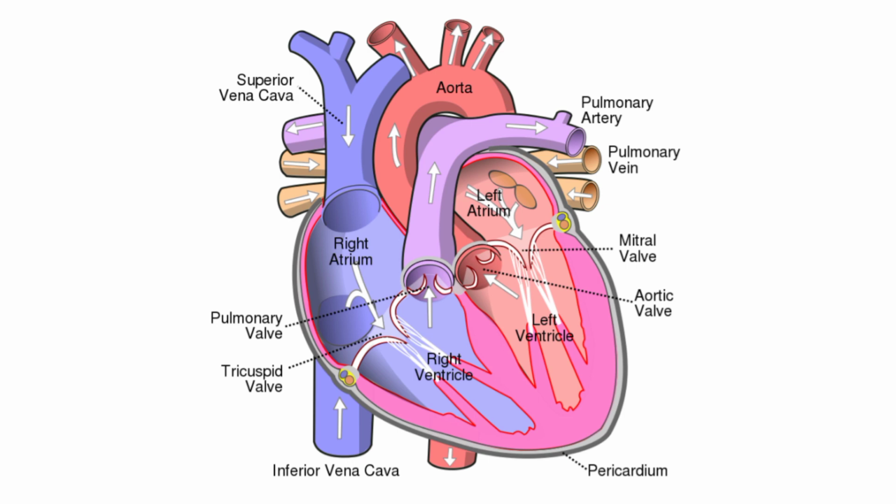If you look here, this is the superior vena cava. This is the inferior vena cava. I'm using blue because they carry deoxygenated blood. The coronary sinus doesn't show in this diagram because it is embedded in the myocardium of the heart.